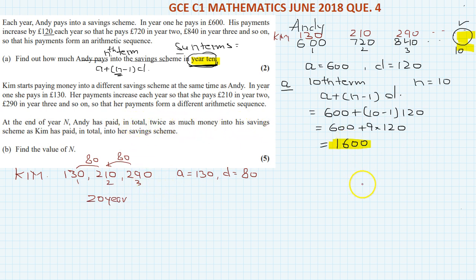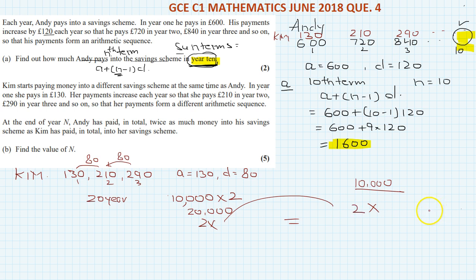Suppose after 20 years Kim has paid say 10,000, then Andy has paid 10,000 multiplied by 2, double. Means he has paid 20,000, if Kim has paid 10,000. So if Kim has paid x, Andy has paid 2x. So to make it equal, we have to multiply Kim's by 2.